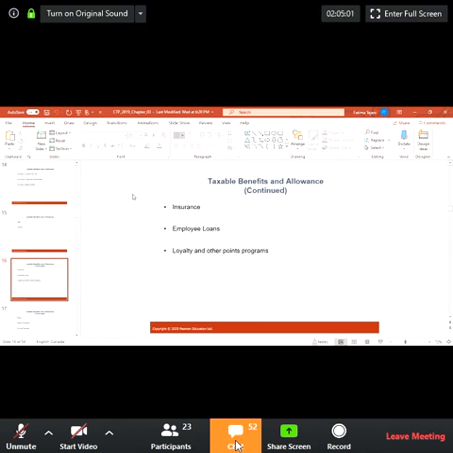Once a home purchase loan is established, the prescribed interest rate is in effect for 5 years. The amount of interest you calculate as a benefit should not be more than the interest that would have been charged at the prescribed rate. So the benefit is the difference between the rate you would actually pay and what you are paying right now, and that difference is what you will pay tax on as a taxable benefit.